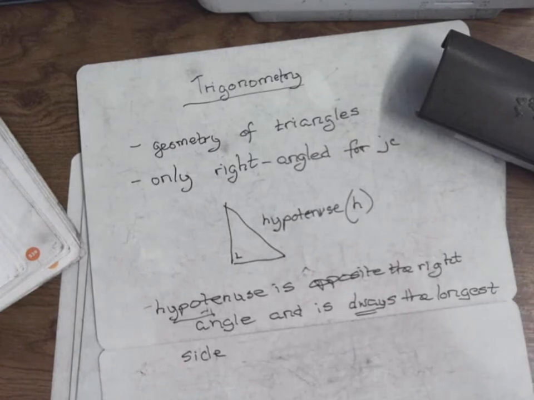Is that okay? Yeah. So the hypotenuse is the line opposite the right angle, and it's always the longest side.